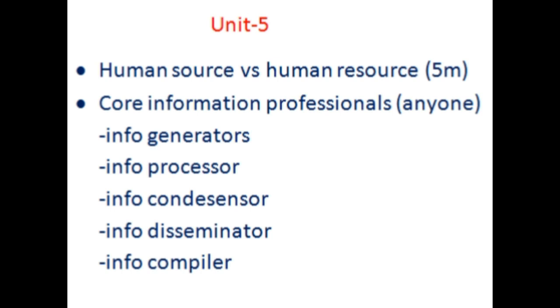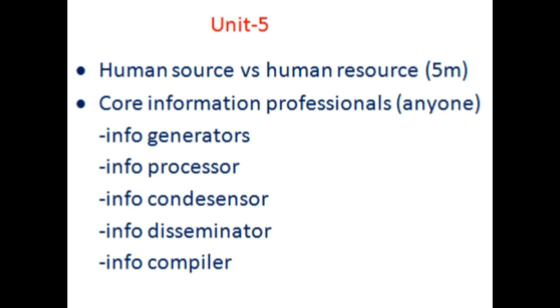Next, the information professionals. There are various information professionals given in this unit. These five are very important: the information generators, information processor, information condenser, information disseminator, and information compiler.